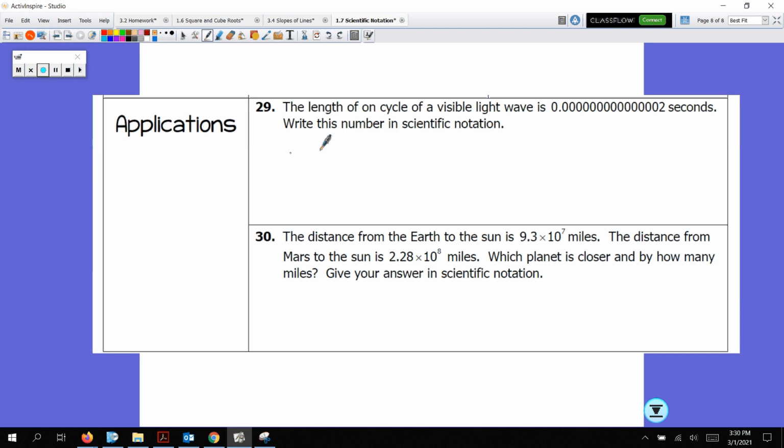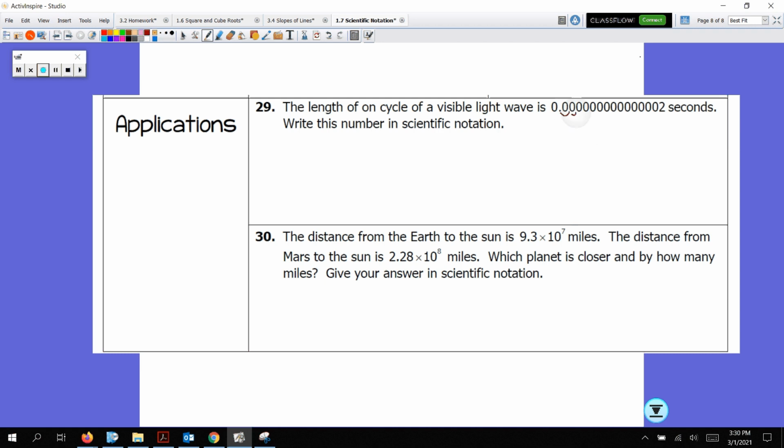All right, applications, aka word problems. I know you love it. First off, let's look at this number. Is this number really big or really small? If you're thinking really small, you're thinking correctly. So that's telling me I'm going to need to put in a negative exponent. Let's count how many times I need to move this decimal so that the number is bigger than 1 and smaller than 10.